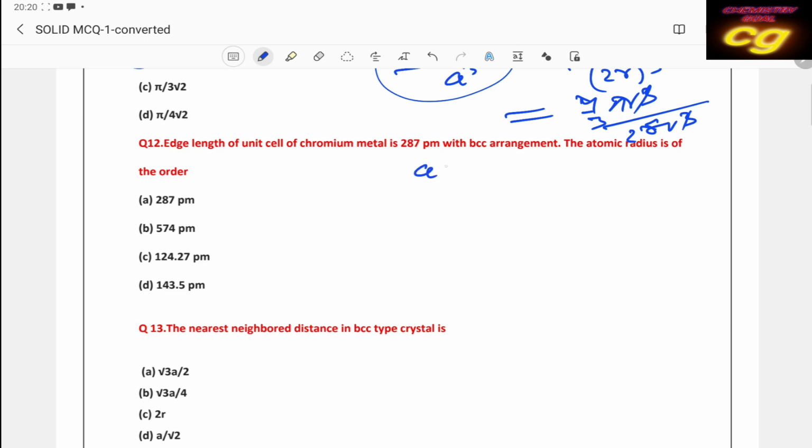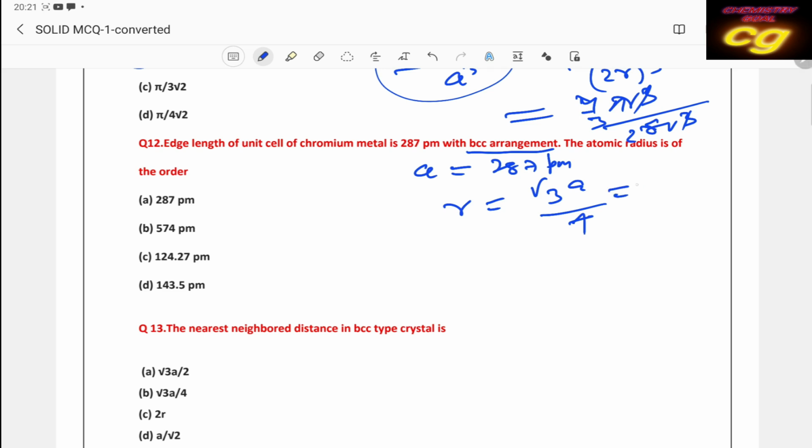Suppose a is 287 picometer and the atomic radius is asked. As it is a BCC arrangement, the formula we know is r is equal to root 3 a by 4. The formula is important. So r is equal to root 3 a by 4.